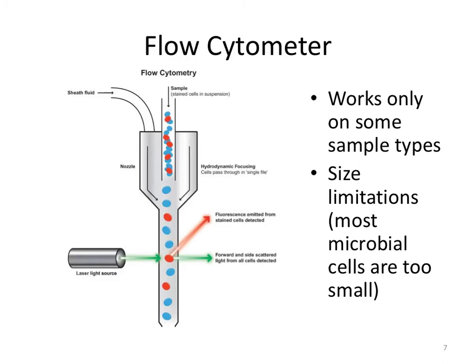Basically, you have a laser light source, you pass your sample through a tube that the laser light source is hitting, and you have some stained cells, so there are some principles of fluorescence microscopy here. The stained cells will emit fluorescence light, and that can be detected by a detector and counted using an algorithm and a computer associated with this device.